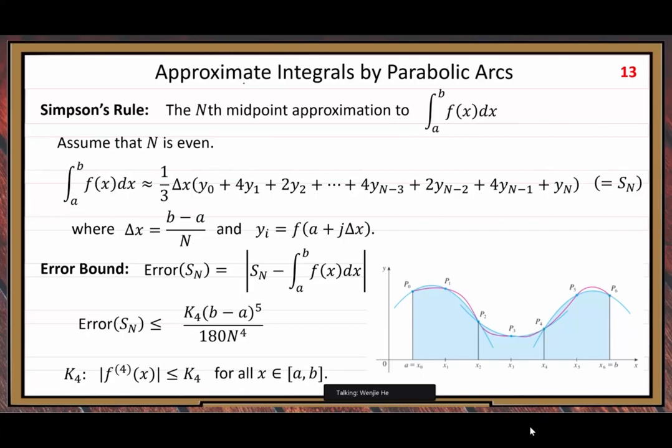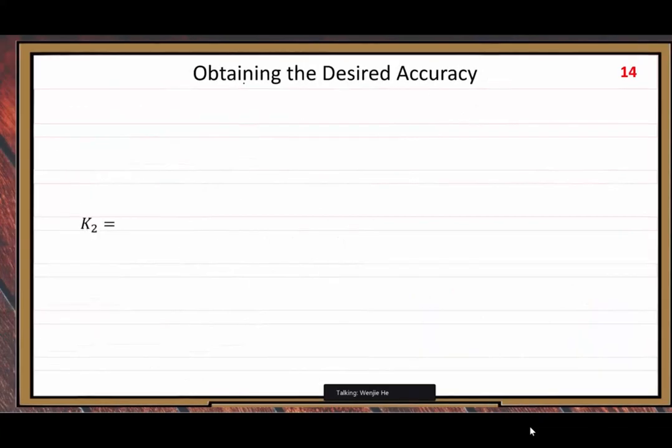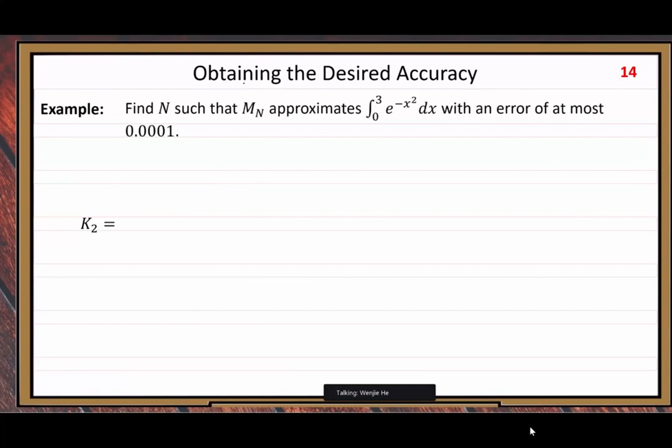So the last one I want to talk about. Use a specific example to look at the error estimate. The function we want to approximate is the integral from 0 to 3 of e to the negative x squared, using the midpoint rule.